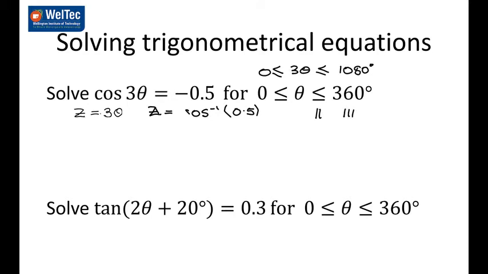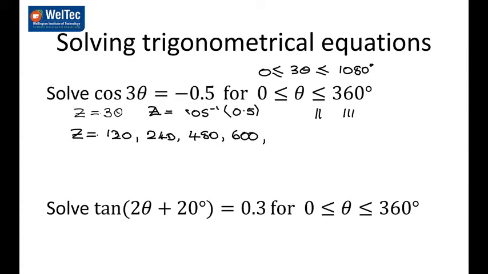So that 3 theta, or Z, would be 120, 240. Then we can add 360, so we'll get 480 and 600.